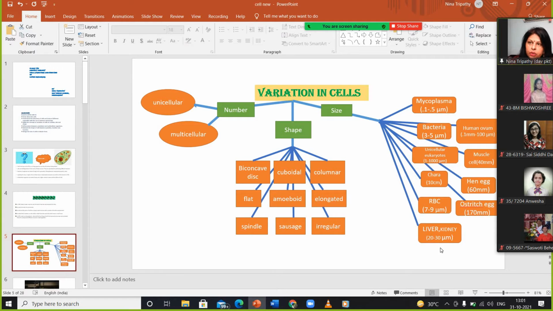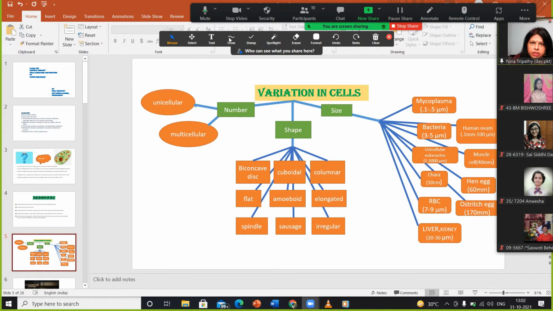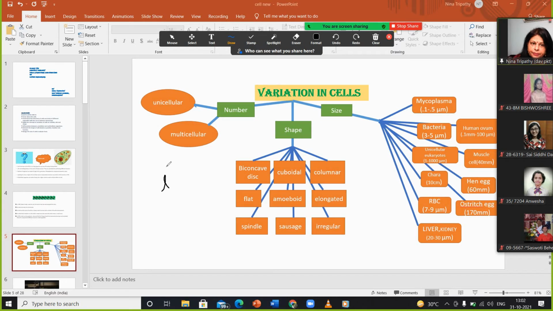Have you got some idea how much 1 micron is? 1 micron is 10 to the power minus 6 meter. But there is also another piece of information. Do you know how many cells an infant has?